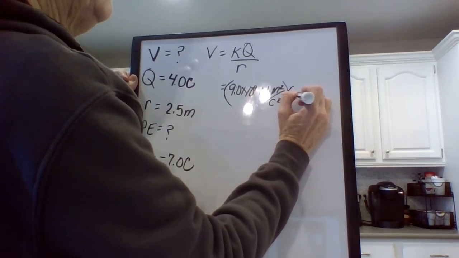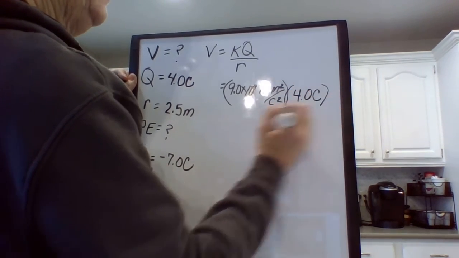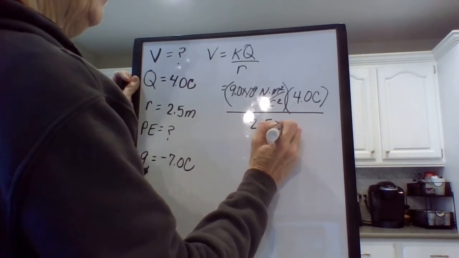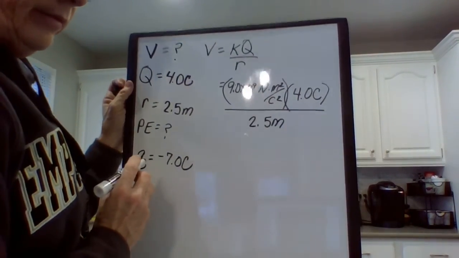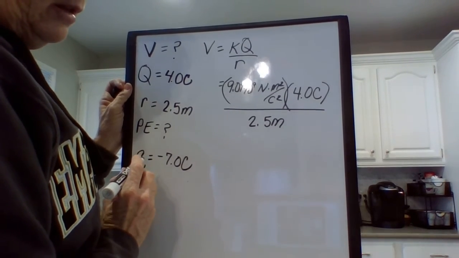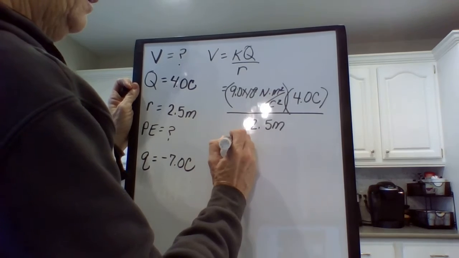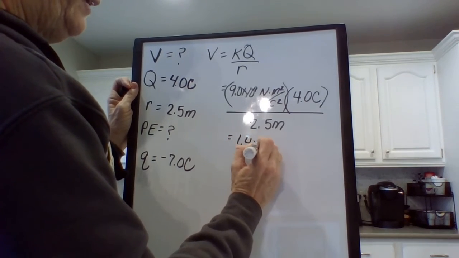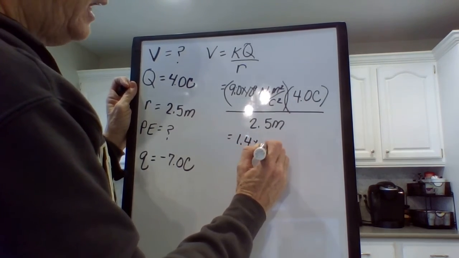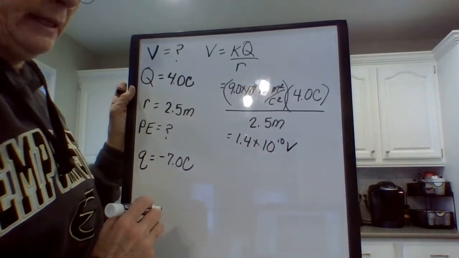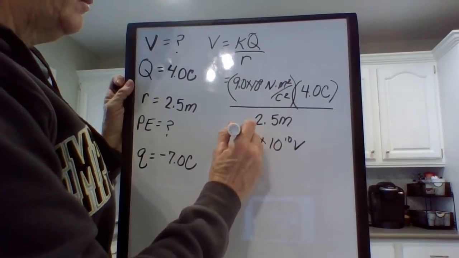Capital Q, 4.0 coulomb, divided by the radius. And you are going to end up with... I encourage you to do these on your own. Maybe pause the video while you do them and then turn it back on to see if you got the right answer. That's the voltage.